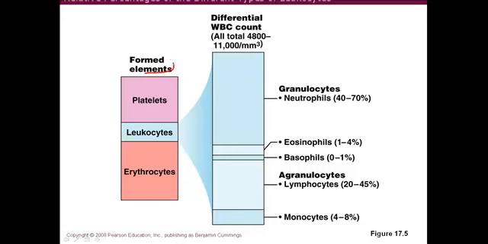So the formed elements, I don't know why they're called formed elements, but they are the platelets, the white blood cells, and the red blood cells. When you go to the doctor and he orders a differential white blood cell count, he is comparing the number of different white blood cells that you have compared to the others.